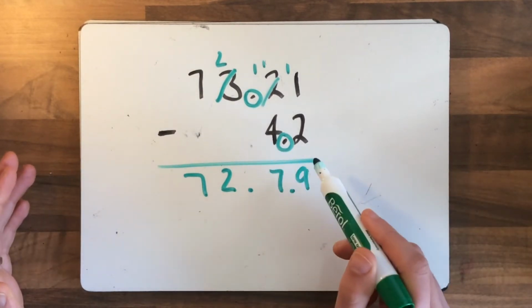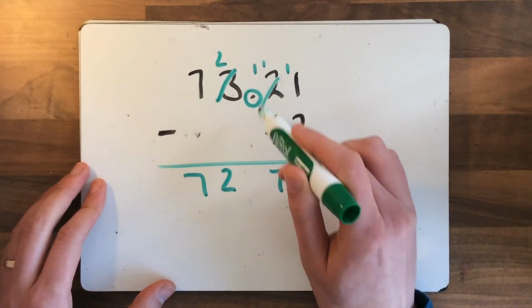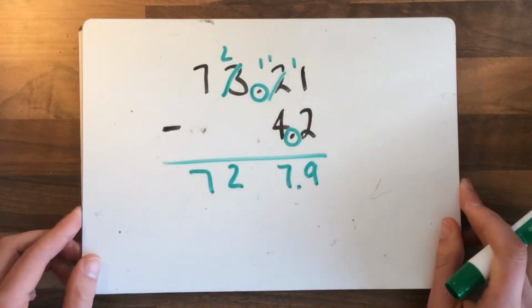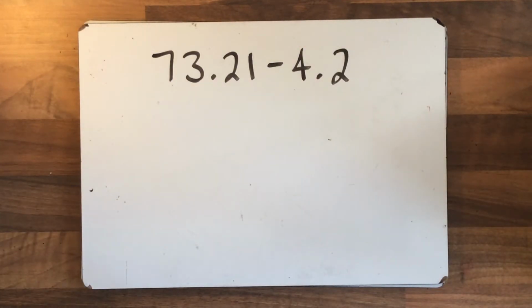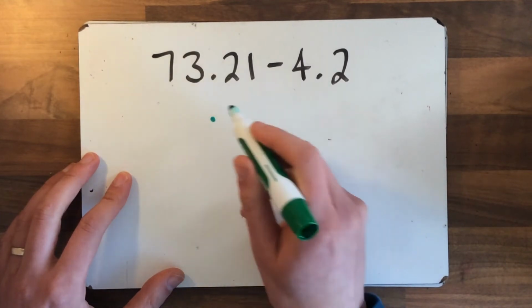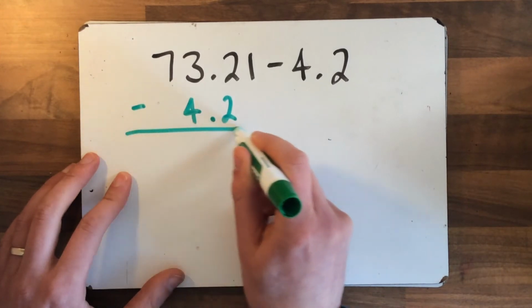You can see that if we just put it in one place, or do we put it here? That's why it's absolutely crucial to line them up so that the decimal point is in the same place. So if we take this number, the decimal point has to be on top of it. So the 4 here and the 2 is there. It's a subtraction.